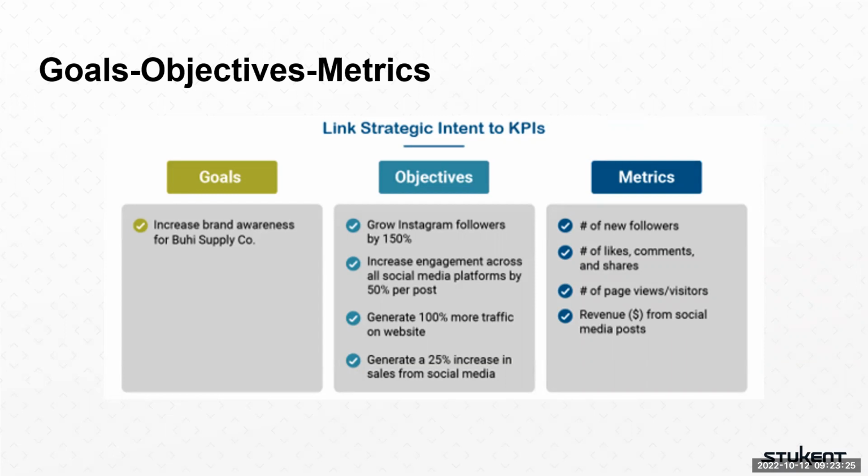Now, the objectives that go into the goal are the numbers that you are going to utilize in order to meet that goal. Generally when you have an objective, there is a goal in mind. So the way I like to think of it is these are tactical goals with specific numbers that you are trying to hit.